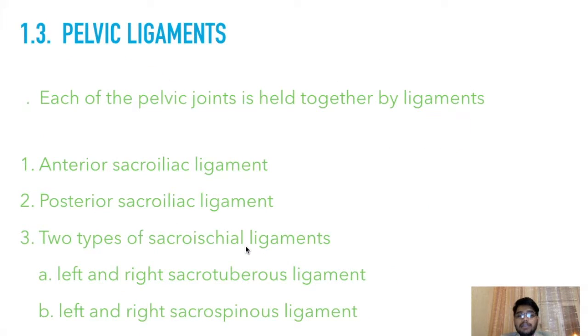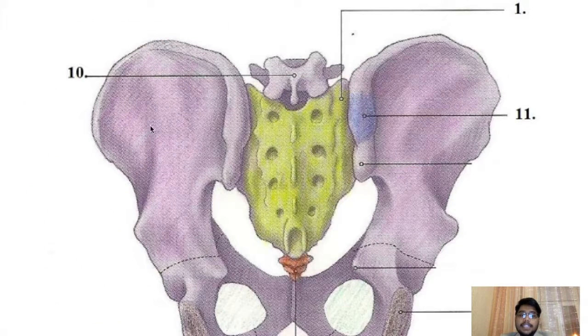The third part of the pelvic skeleton are the pelvic ligaments. To know more about the pelvic ligament, we should be following this diagram. To learn the ligaments, you should learn the bones and the joints of the pelvis. The ligaments follow the joints. So the first is from sacrum to ilium.